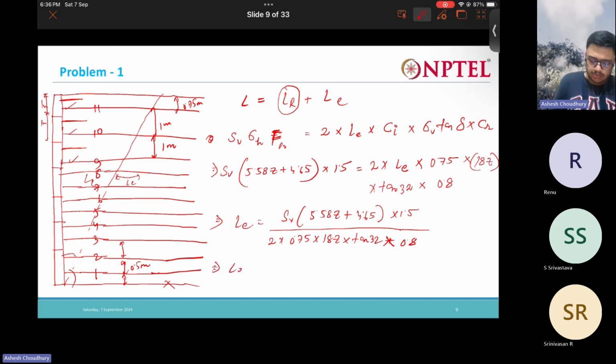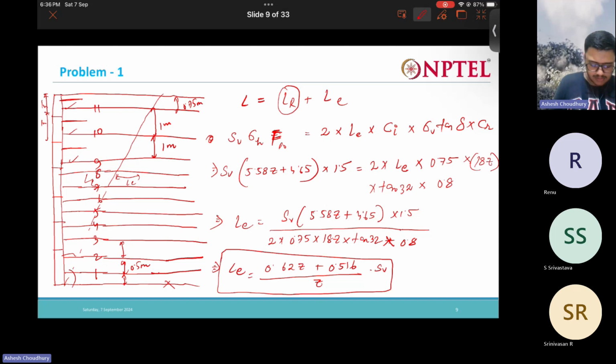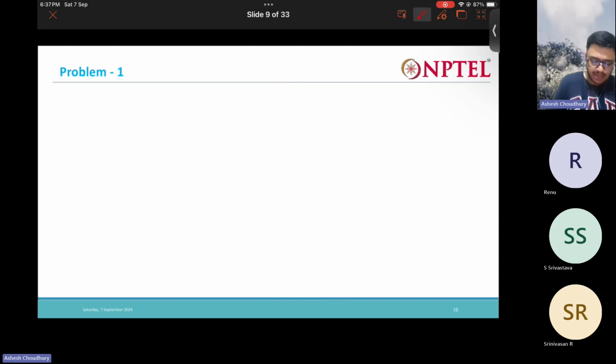So finally, we can write LE as 0.62 Z plus 0.516 Z times SV. So this is the LE. And what is the LR? LR we get from the geometry of the wall and this active soil wedge.